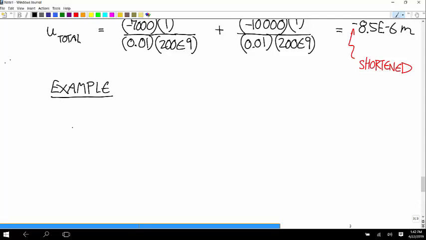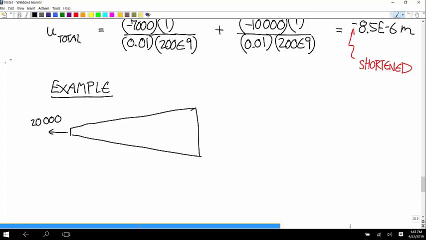So let's say that we have a beam like this. Let's say it's in tension with a magnitude of 20,000 newtons each end.